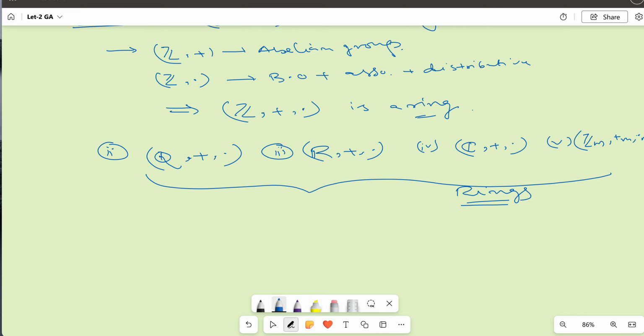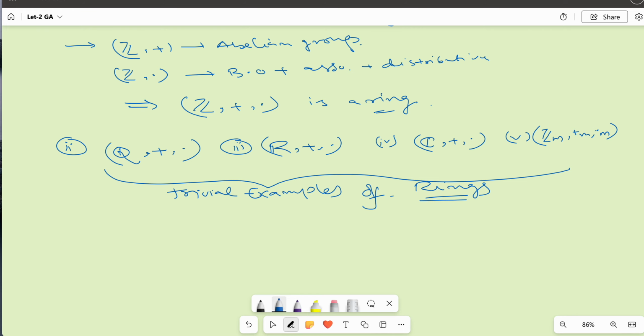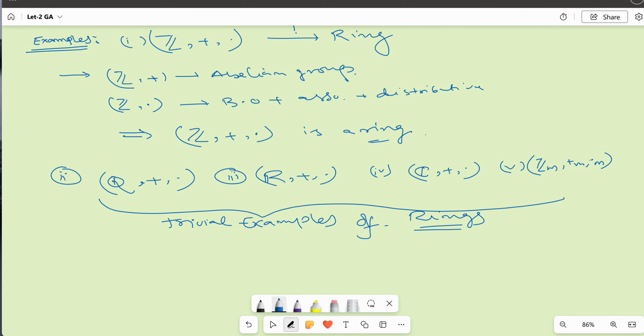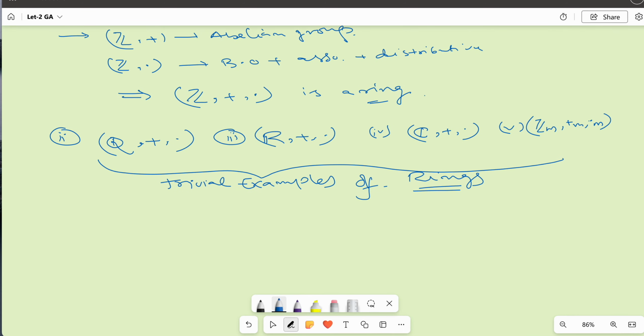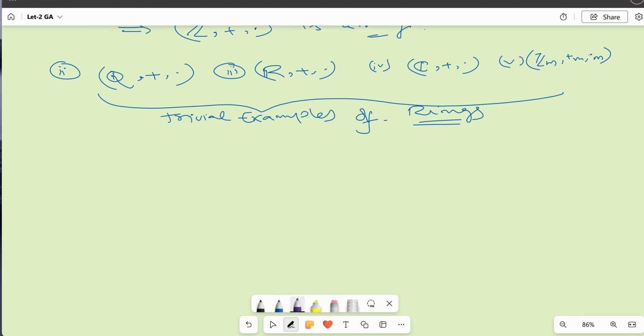You just have to verify all of these are rings. This is a trivial example of rings, and everyone should check that all of this gives a ring structure, right? That's it. So let me give some non-trivial examples.